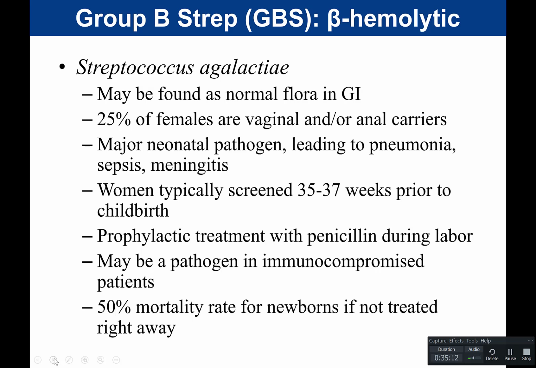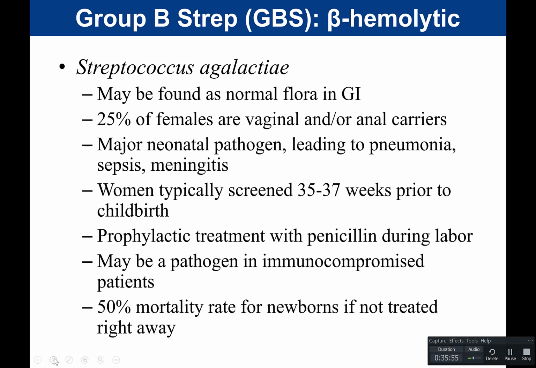However, knowing if you're a carrier of Streptococcus agalactiae, this is the one that you need to know if you're a carrier, especially and only really if you're female and you are pregnant. Because again, the group that's at risk for problems with Strep agalactiae would be neonates, newborns. That's because if the woman carries group B strep in the vagina as part of her normal flora, and the baby comes out during vaginal delivery, if the baby ingests this, it can lead to pneumonia, sepsis, and meningitis.